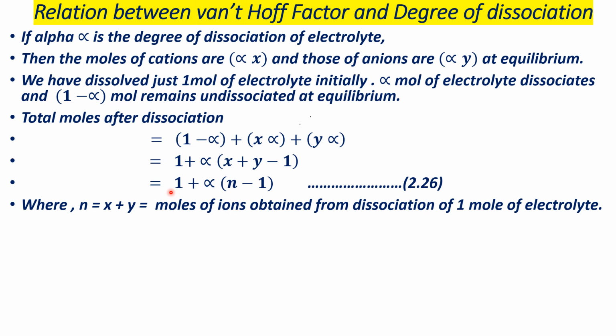Then you have to simply write down 1 plus alpha into n minus 1, where n is equal to x plus y, the moles of ions obtained from the dissociation of 1 mole of electrolyte.